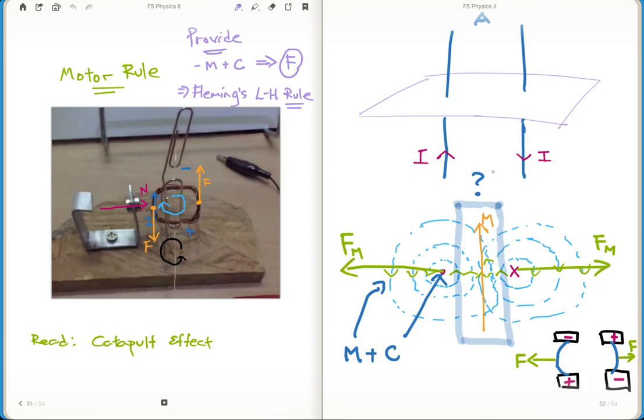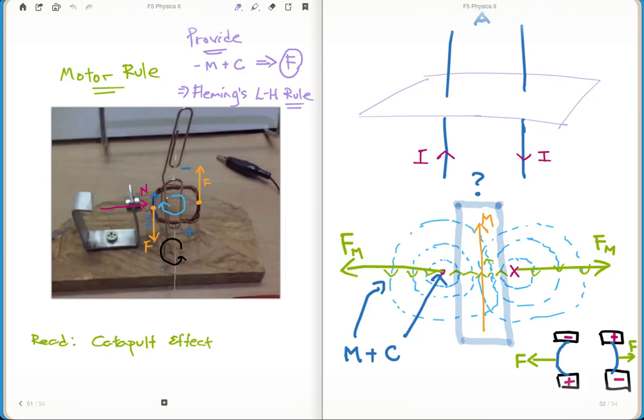I would really recommend you go through your textbook or reference, because you really need to know about this motor rule, and to get used to your left-hand Fleming's rule.